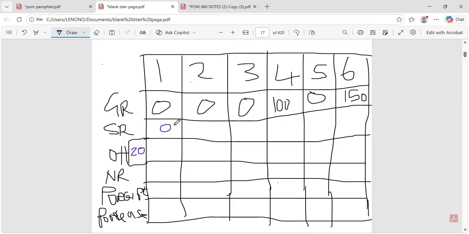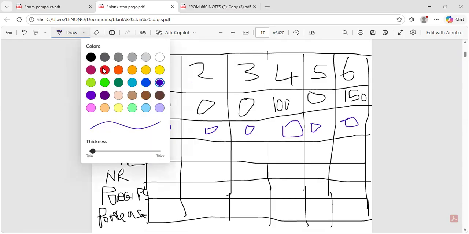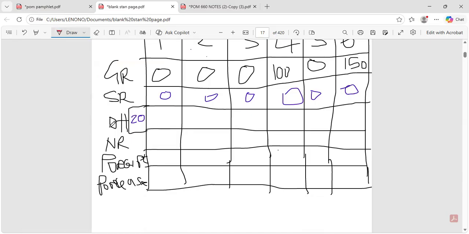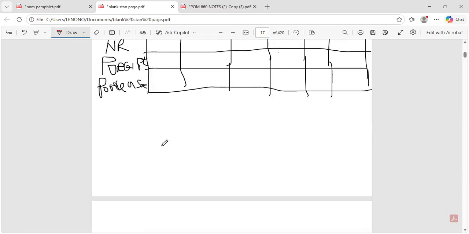The scheduled receipts are zeros. They said none. So what you're going to do here is add scheduled receipts and on hand. You say on hand plus scheduled receipts minus GR.